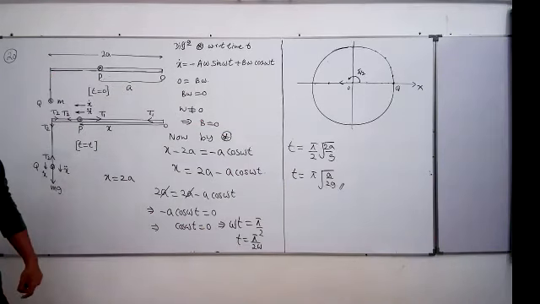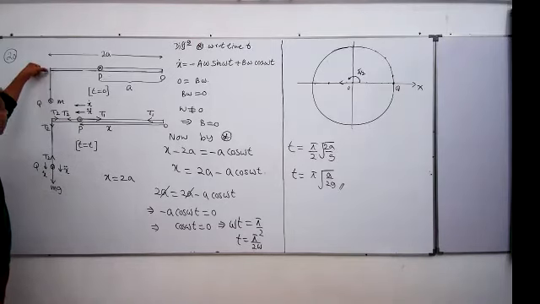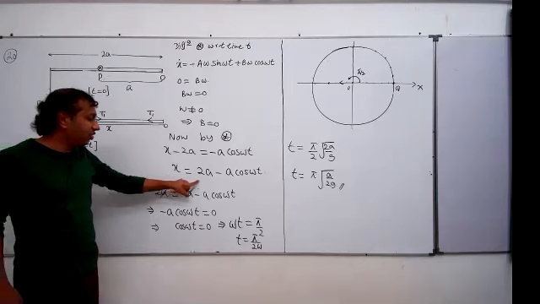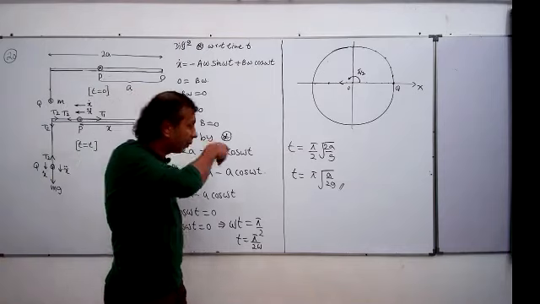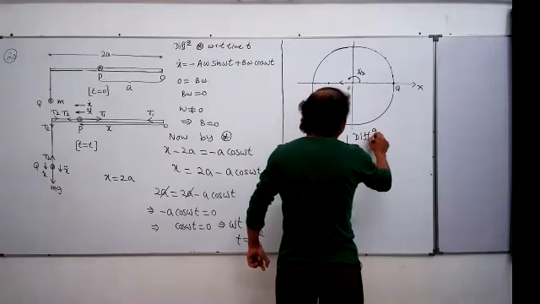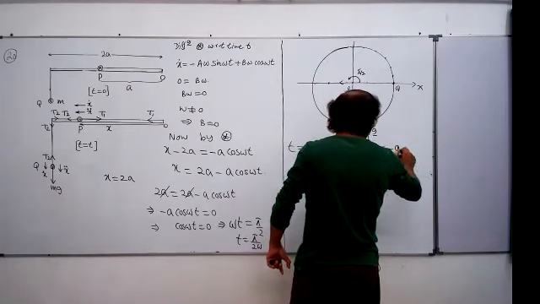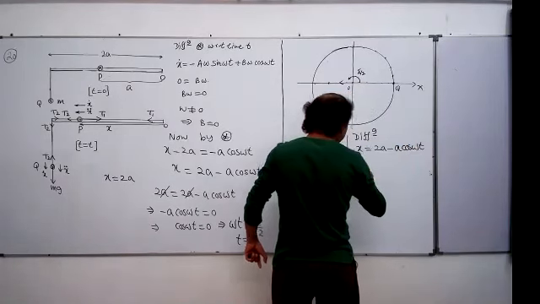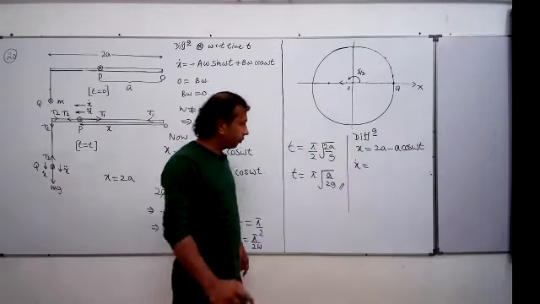Okay. People, we are asked to find the velocity of the particle when it reaches this edge. Velocity means x dot. Now we differentiate this relation. Differentiating x equals 2a minus a cos omega t, what do you get? x dot of t equals: 2a is a constant, so its derivative is 0.